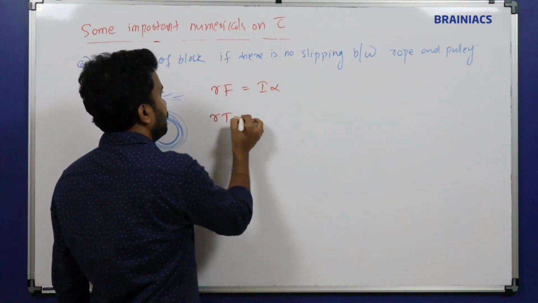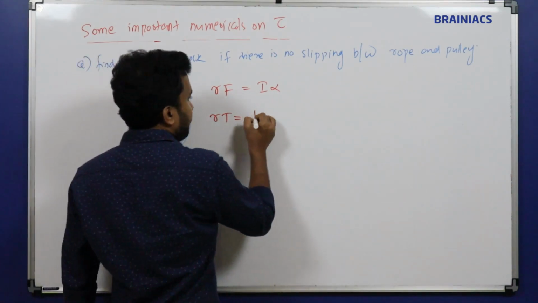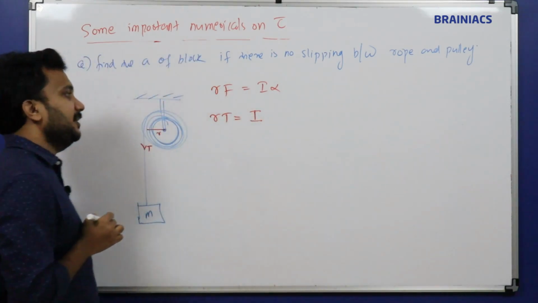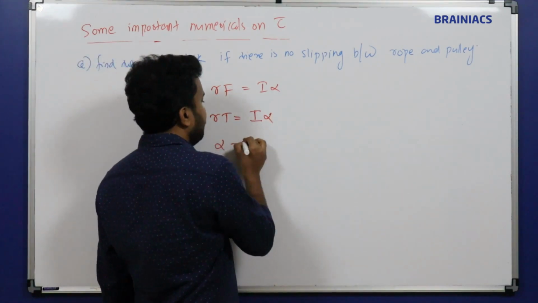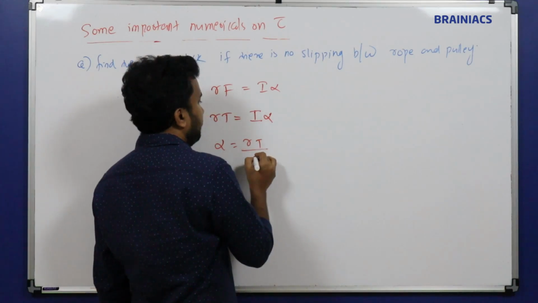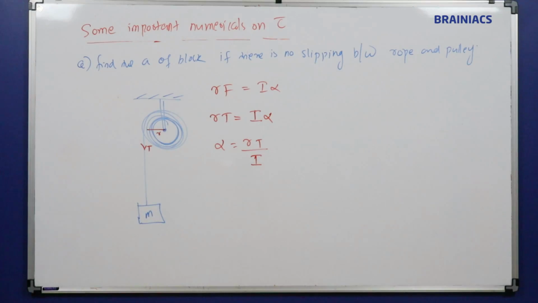So R into tension is equal to, this is a disc. The pulley structure is something like a disc. We can consider the disc moment of inertia, or just simply I, with respect to alpha. So we got alpha is equal to RT divided by I. R is the radius and T is the tension.